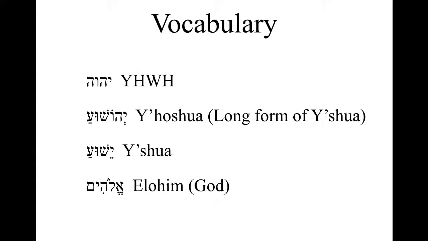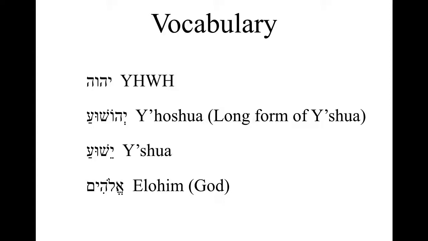So we have some new vocabulary words. The first is the Tetragrammaton, Yod He Vav He, which is Yahweh. The second is the long form of the Messiah's name, Yehoshua. The third is the short form of his name, which was used when he walked the earth, Yeshua.